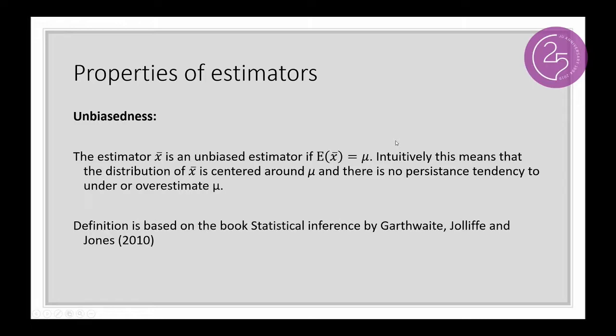So what unbiasedness means in statistics is that we shouldn't constantly over- or underestimate the true value. So if we want to calculate the average value of income in Sweden, and we have a sample or several samples, then our average x bar shouldn't always be above the true value, or always be below the true value. It will, of course, sometimes be above and sometimes below, but there shouldn't be any systematic pattern in this. And if there is no systematic pattern, then we have an unbiased estimator.